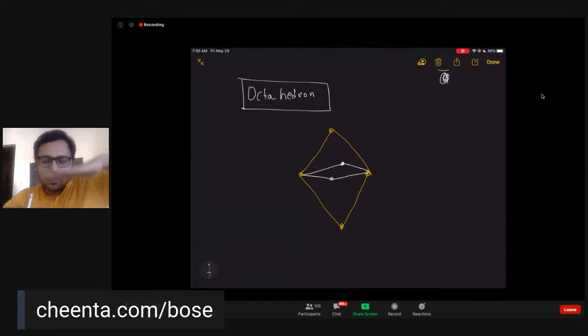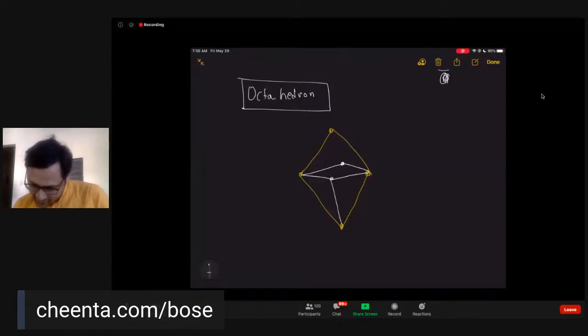So I have drawn a flat barfi, which is sitting like this in the octahedron, inside the big one. Okay. Now what I'll do is I join the corners.